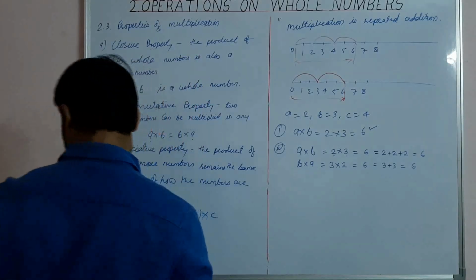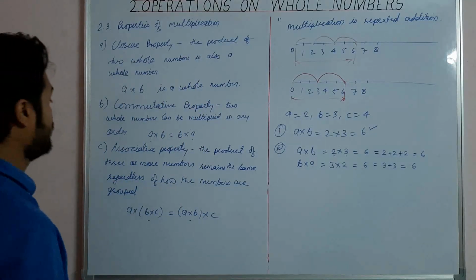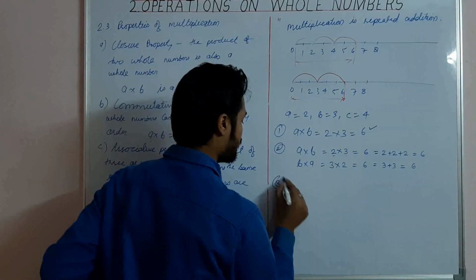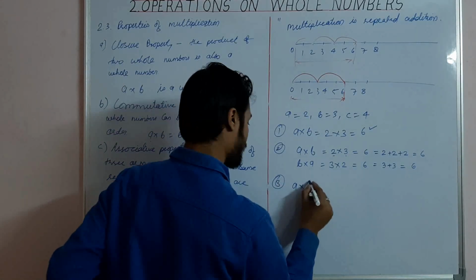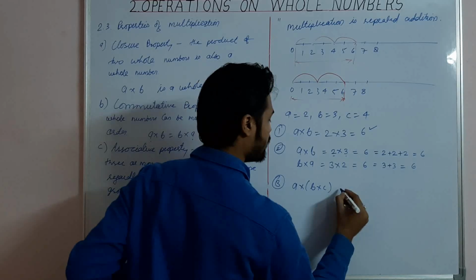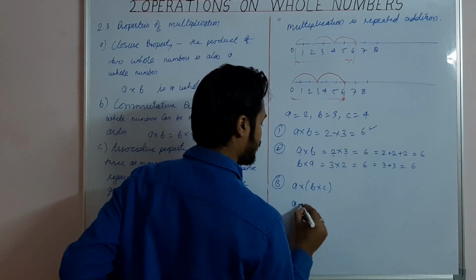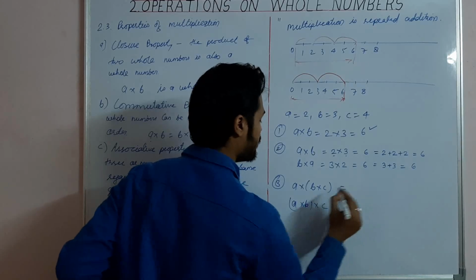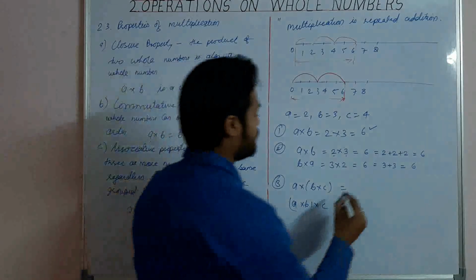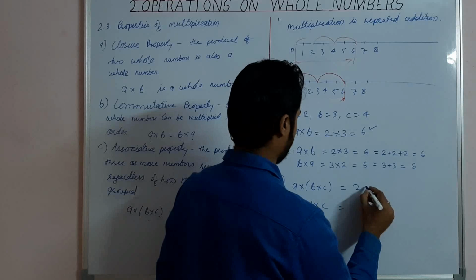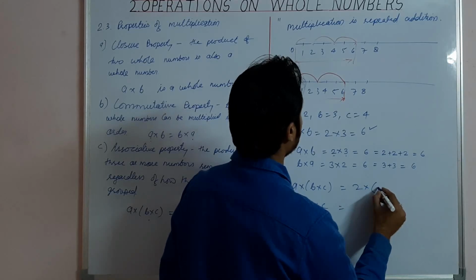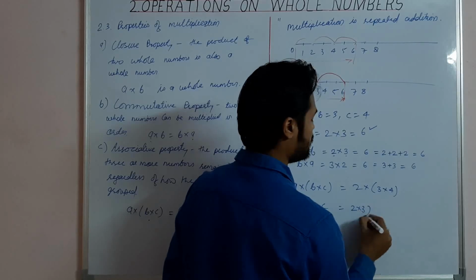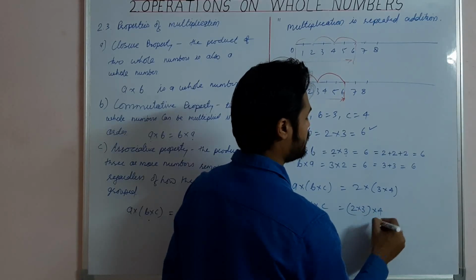So both are same. Now for third property, associative property, A into B into C and A into B into C. Now putting values, A is 2 into 3 into 4, here 2 into 3 into 4.